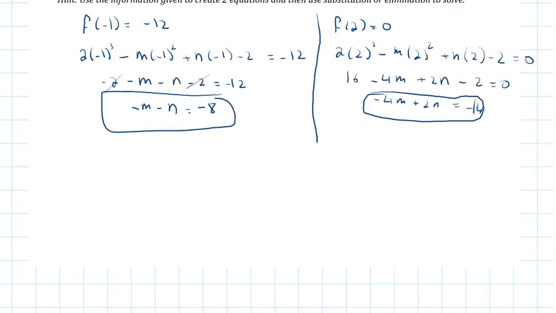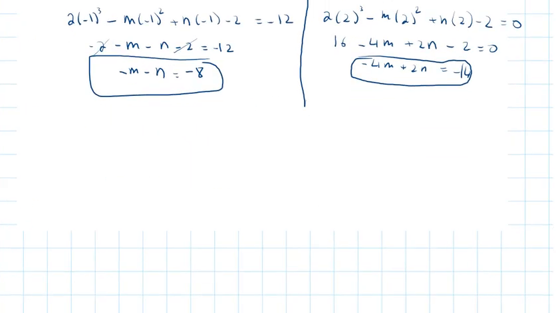So you see now I have two equations and two unknowns. Going back to grade 10, I can either use elimination or substitution to find m and n. Let's use elimination.